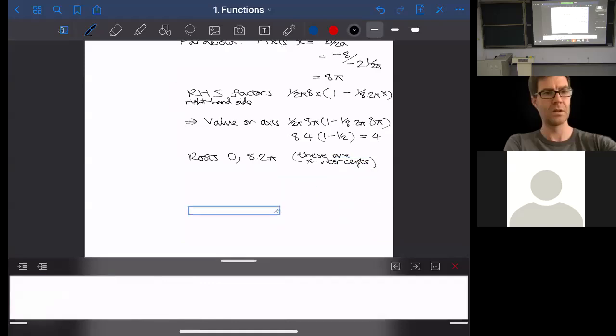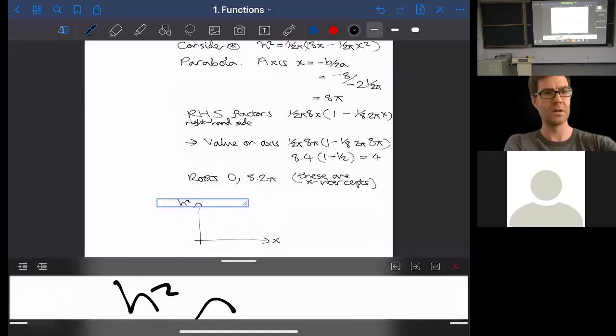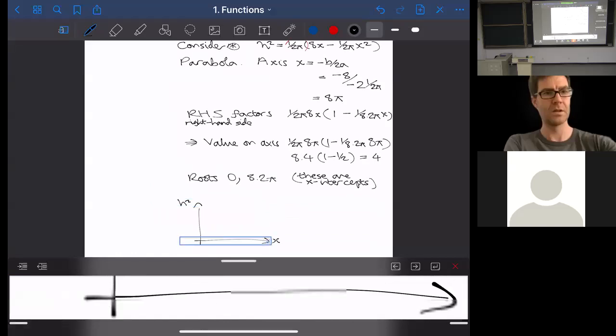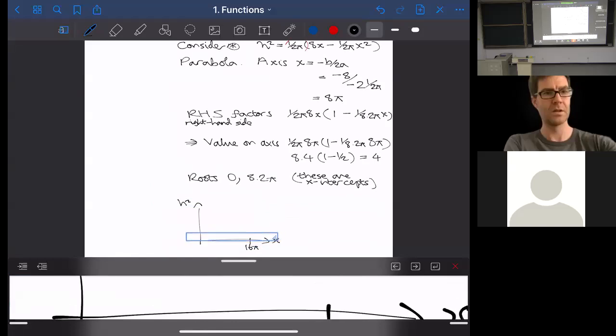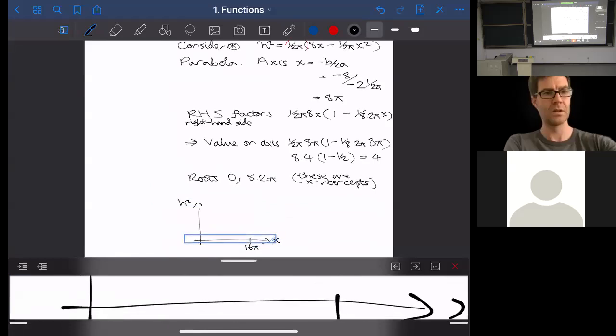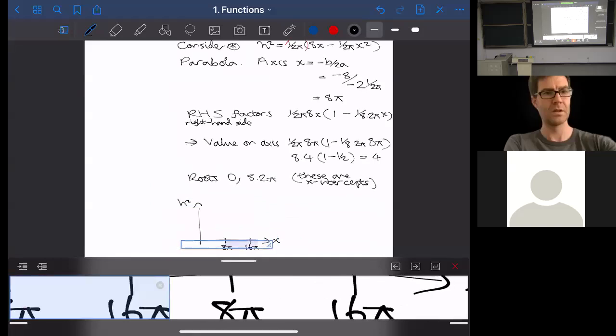So now we can sketch x and h squared. So the x-intercepts are 0 and 16 pi, and the axis is at 8 pi.